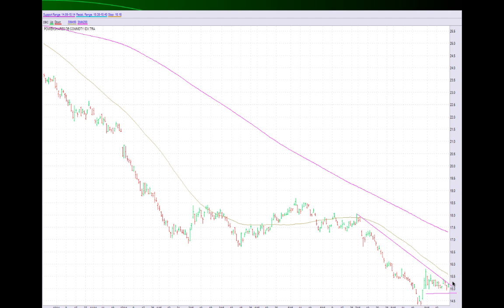Again, it's bearish. However, we are seeing a little bit of sideways motion over the last week or two. Part of that is the volatility of crude oil, but that is a sign that you want to look at. If we break below this line over here that I've drawn, I can't see what the number is, but that would be a bearish inclination.